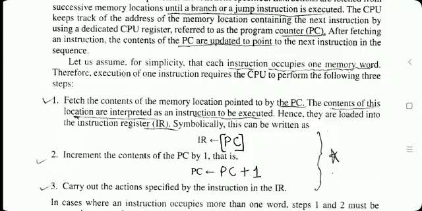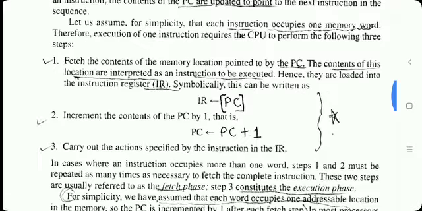That instruction is stored in the instruction register, because we know the function of the instruction register: it stores the instruction which is currently being executed. So the PC contains the address of the memory location, and the contents of that memory location are loaded into the IR, meaning the instruction register.